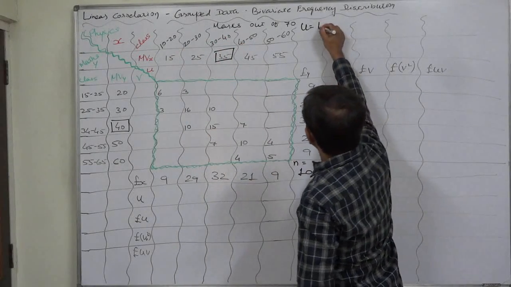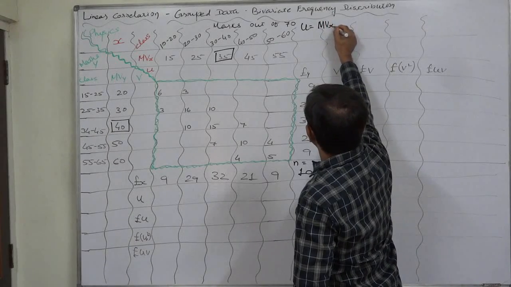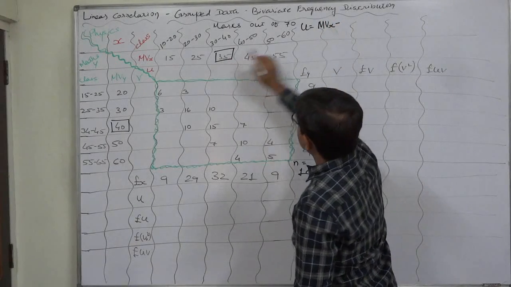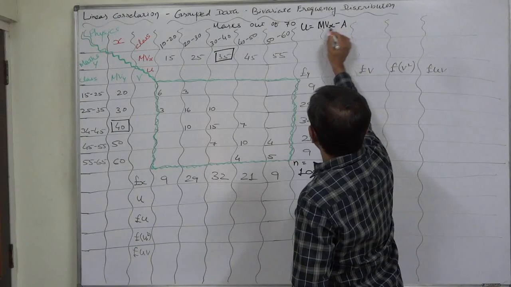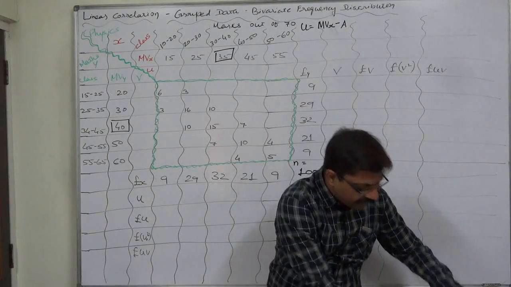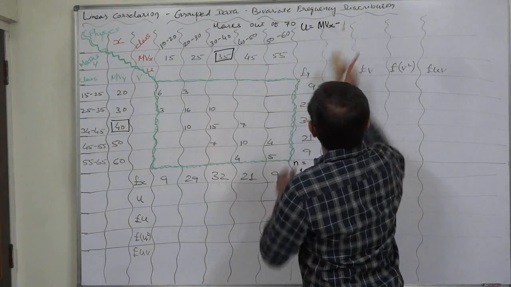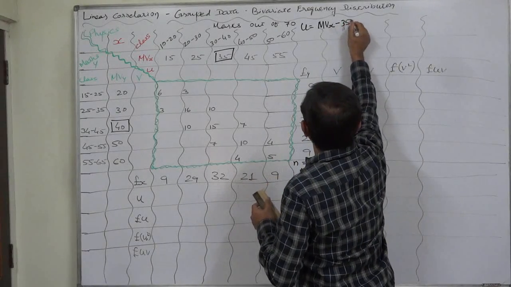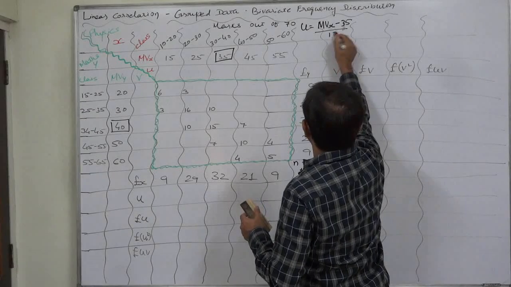So U is mid value of x minus assumed mean, let us call it A, that is 35 here, so I prefer to write 35 directly, and divided by the class interval, that is 10.